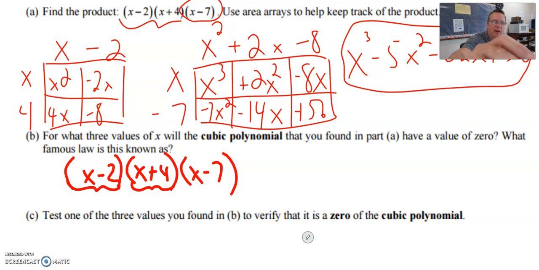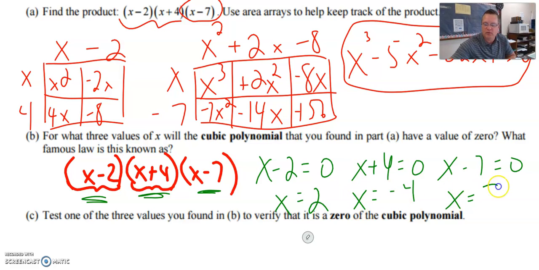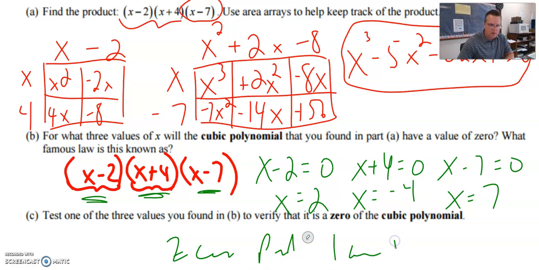So we need x minus 2 equals 0, x plus 4 equals 0, x minus 7 equals 0. Because if any one of these binomials equals 0, when you multiply the other two, it's going to be 0. So if x equals 2, if x equals negative 4, if x equals 7, if any of those three numbers occur, then you are going to have a 0 when you plug it in. This is known as the zero product law. All right, very well. Any questions? Bring them to class.